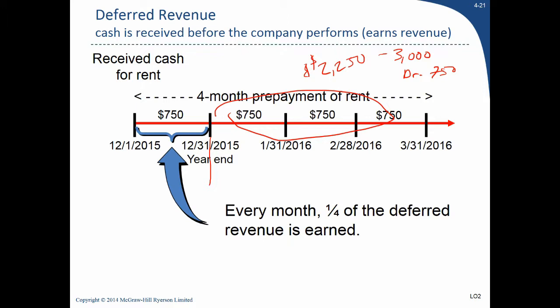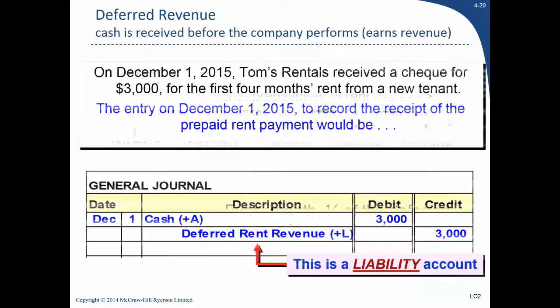Right? I mean, it's easy to make this complicated. What if I don't use nice, neat numbers? And what if I say our year end is November 30th? So you can't just memorize, oh, when I see deferred revenue, I'll recognize 1 quarter. You have to understand that it's 4 months of rent. Okay?